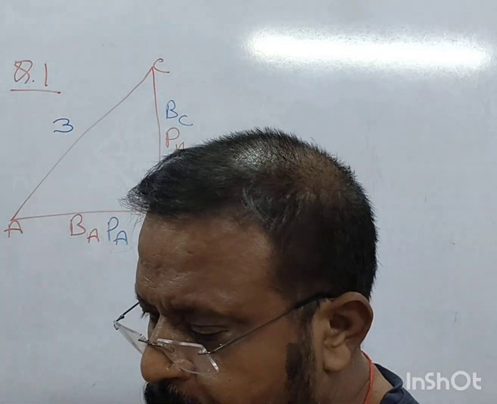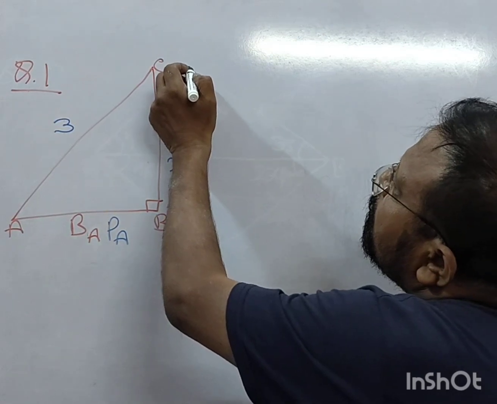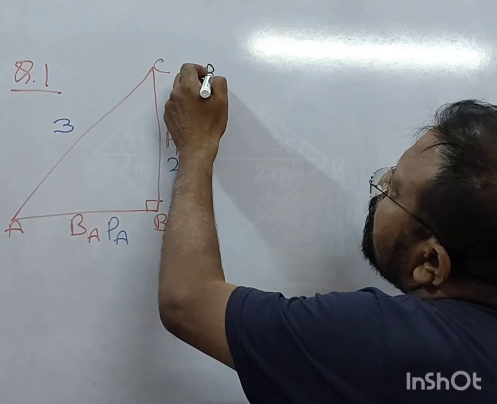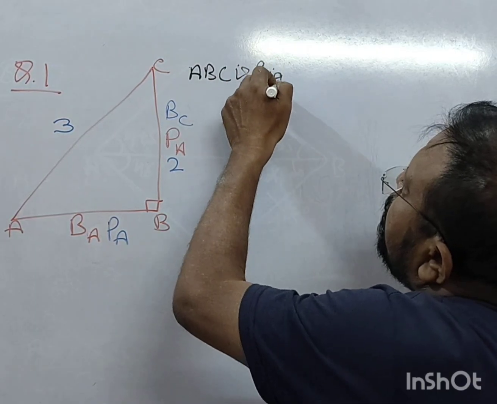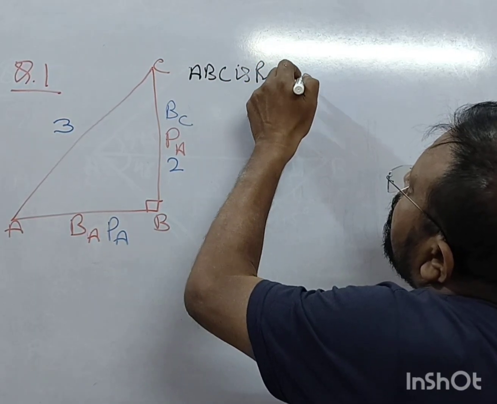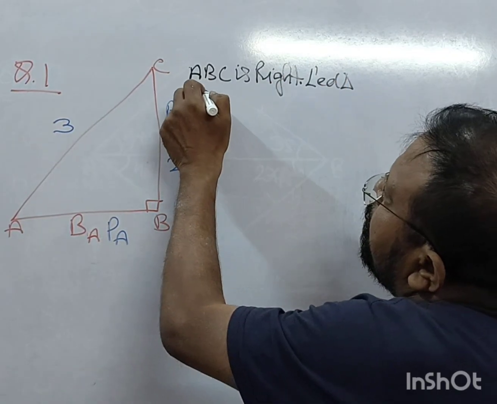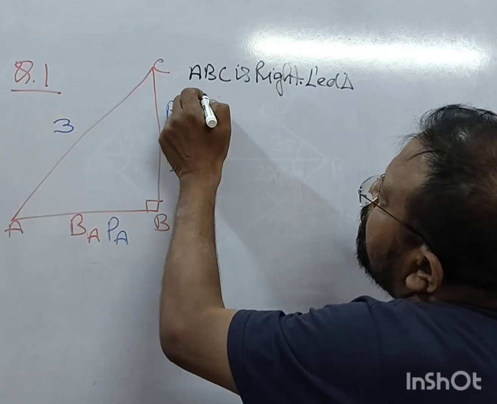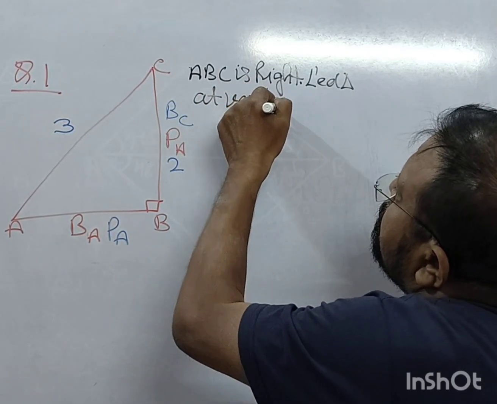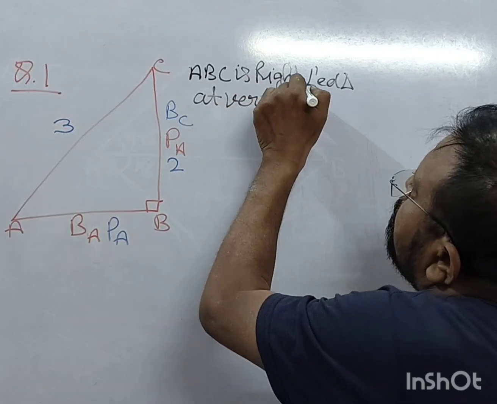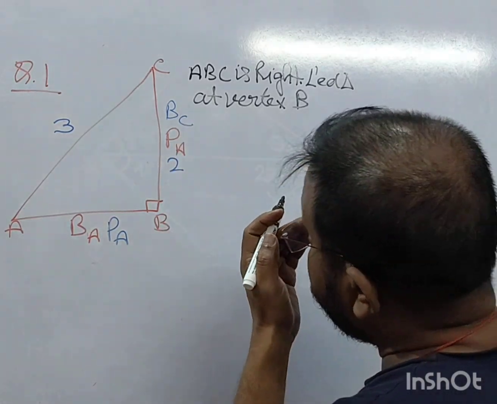So first, ABC is a right angled triangle at vertex B, right? So what happens?